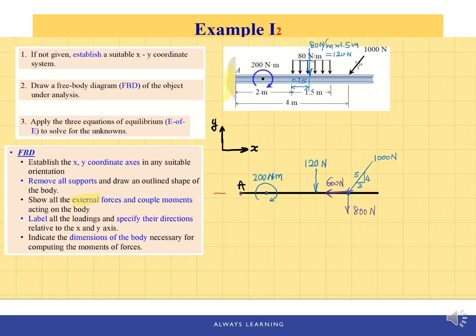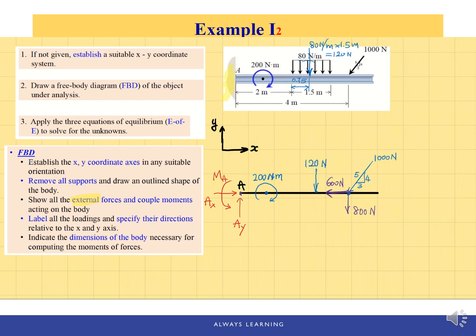There will be an x component, preventing the beam from moving to the left, and there will be a y component, preventing the beam from moving down, and also there will be a counterclockwise couple moment, preventing the clockwise rotation. So we have three unknowns.